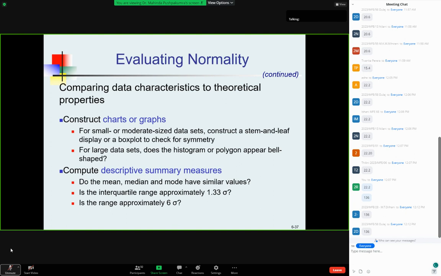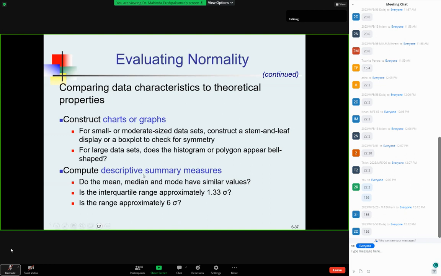For a small or moderate size data set, we can construct a stem and leaf display or box plot to check whether it is symmetric or not. And for a large data set, we can have a histogram or polygon, and check whether it is a bell shape.